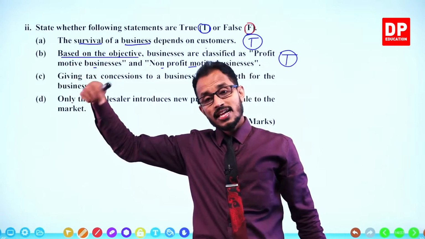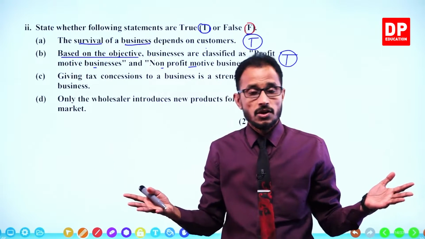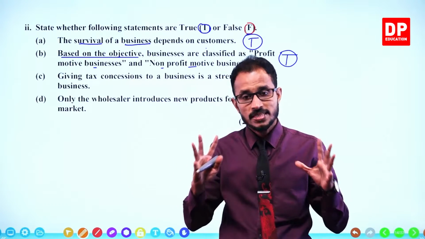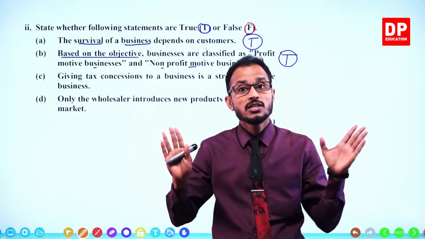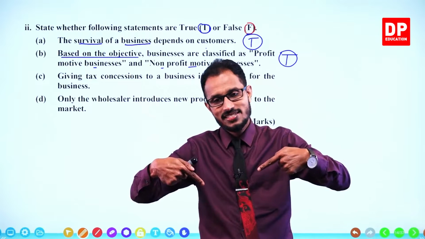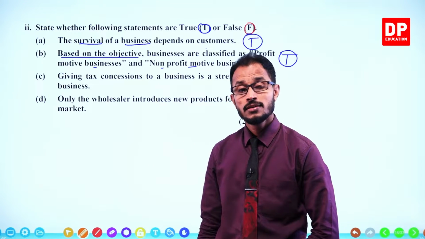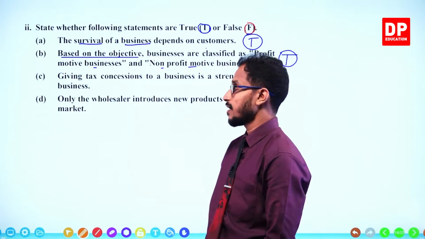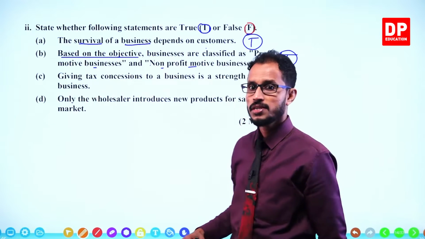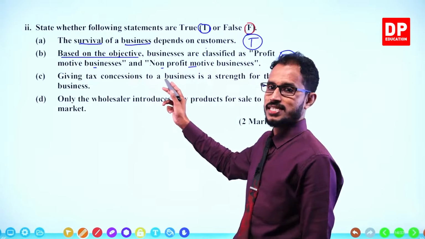So tax concessions, tax breaks, are positive. That is a benefit for the business. So positive means it's a plus point, but not a strength, because strengths are in the internal environment, inside the business. You get what I'm saying? This plus point is from the outside, external environment. So it is not a strength, it is an opportunity.